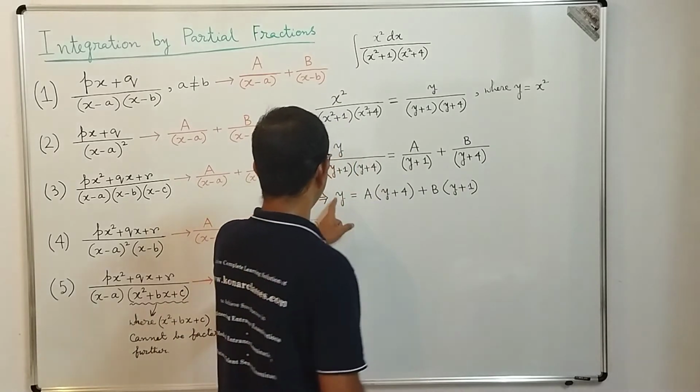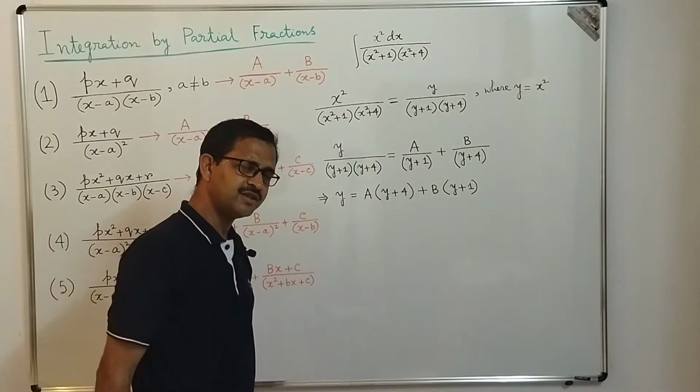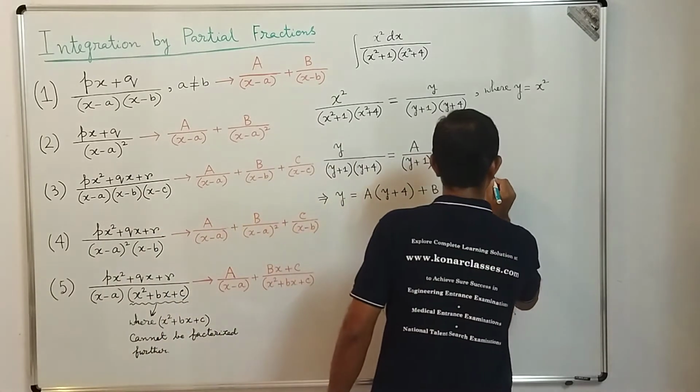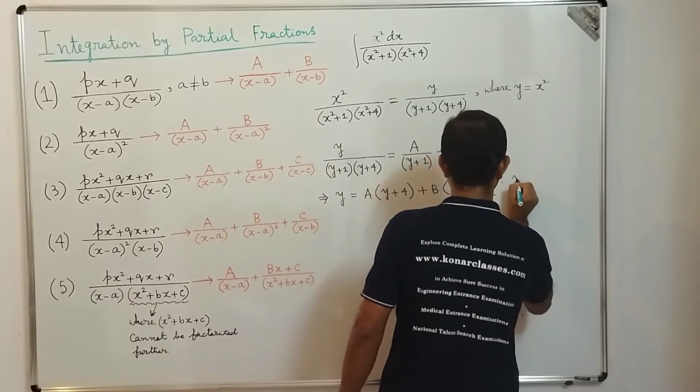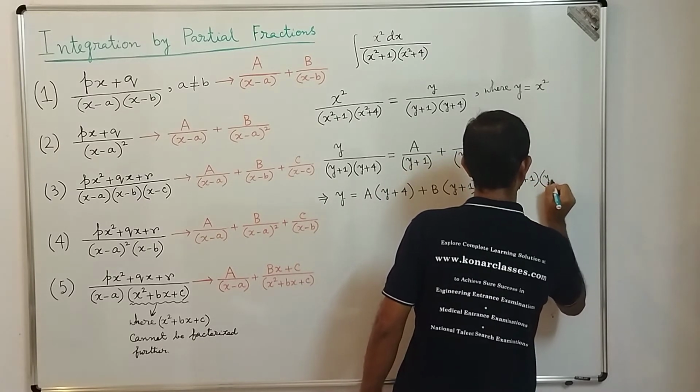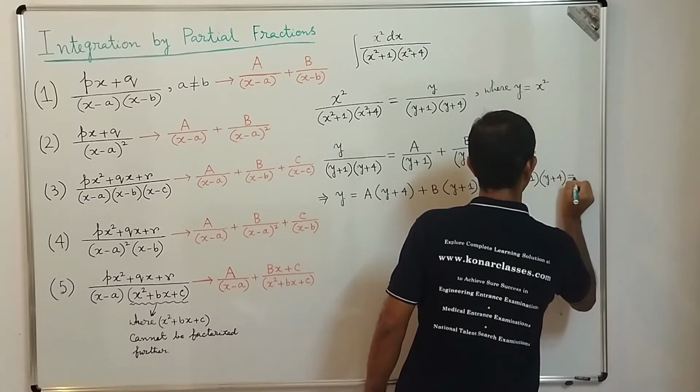Now why have we done so? Because (y plus 1) into (y plus 4) is not equal to 0. So you can write here, for the sake of completeness, that (y plus 1) into (y plus 4) should not be equal to 0.